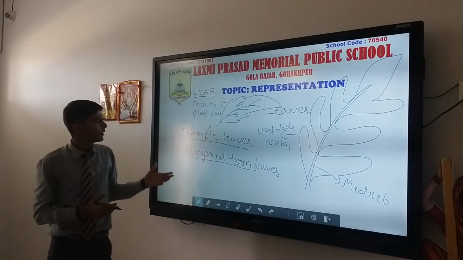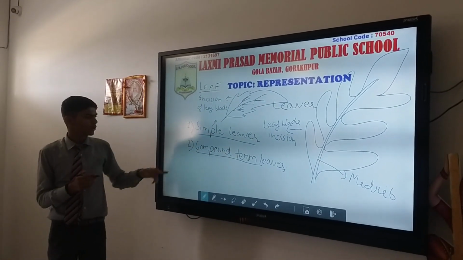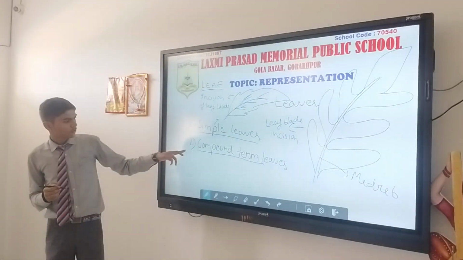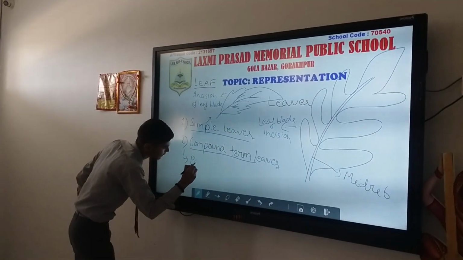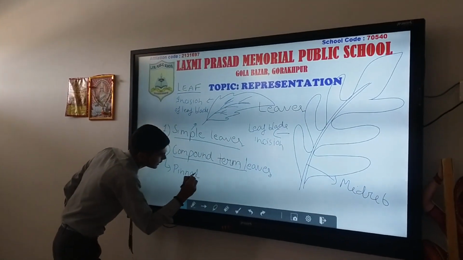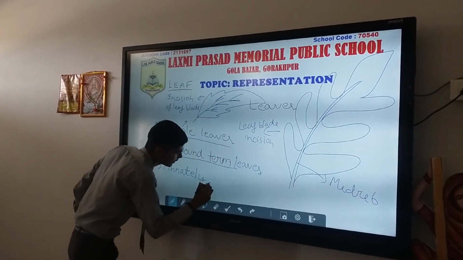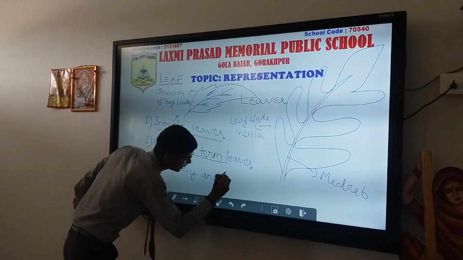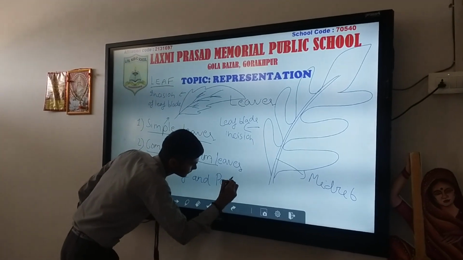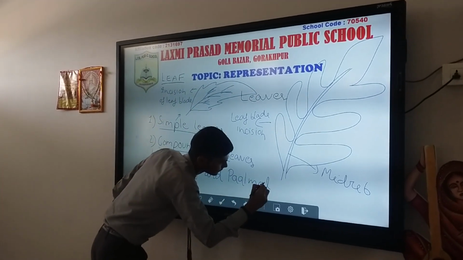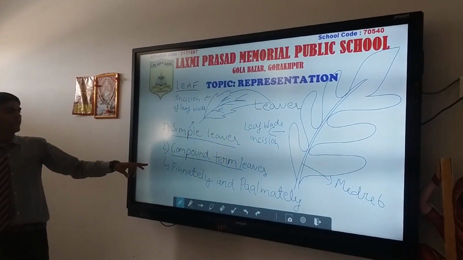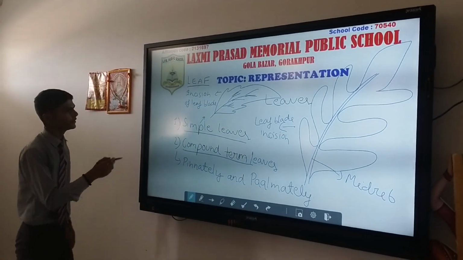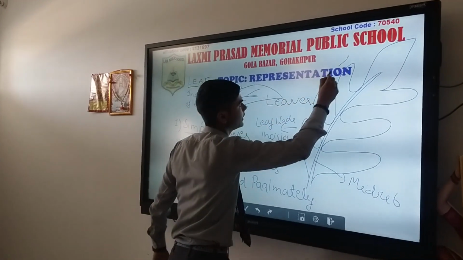So basically there are two types of leaves, and there are also types of compound leaves, which are pinnately compound leaves and palmately compound leaves.